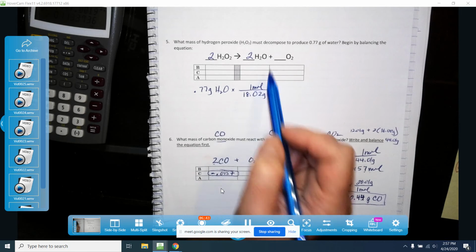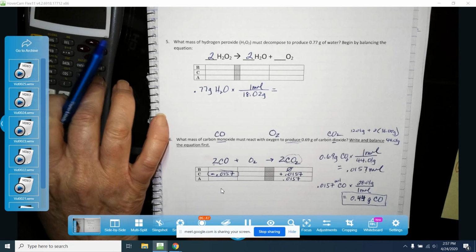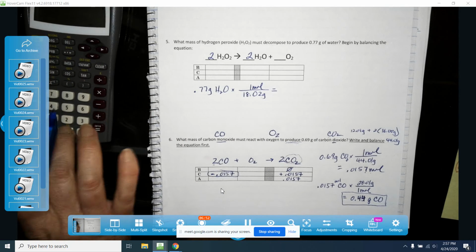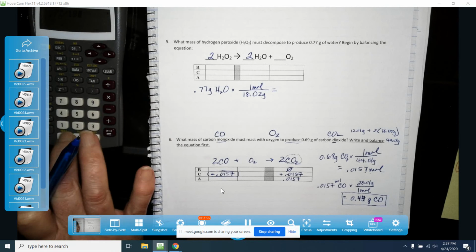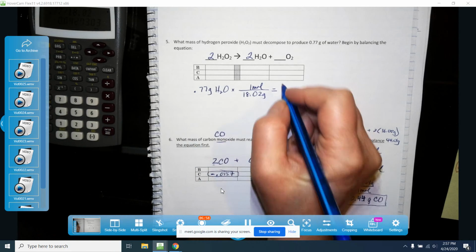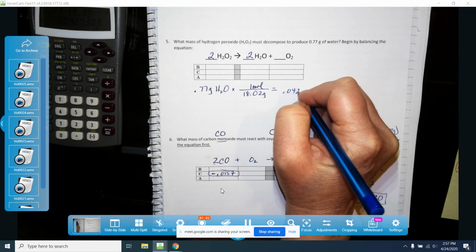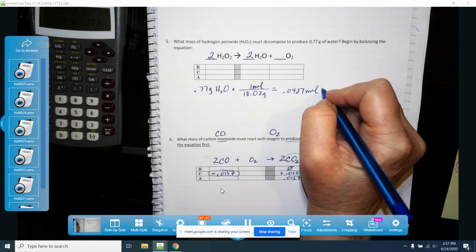Okay, and I'm not using the coefficients when I'm doing this part. It's always 1 mole. Okay, 0.77 divided by 18.02, and we get 0.0427 moles of H2O.